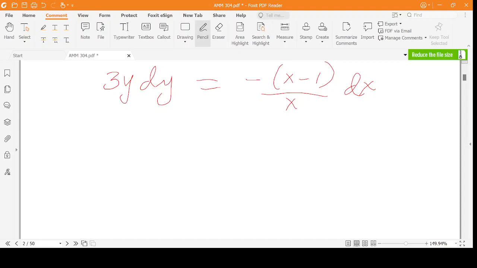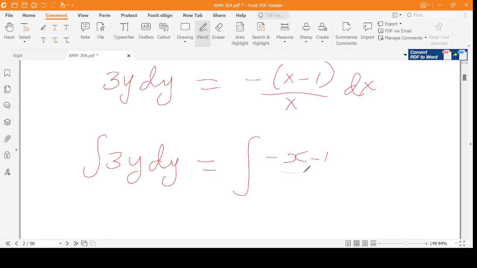So we can now introduce our integral. The integral of 3y with respect to y equals the integral of minus (x minus 1) all over x, which I'll integrate with respect to x.